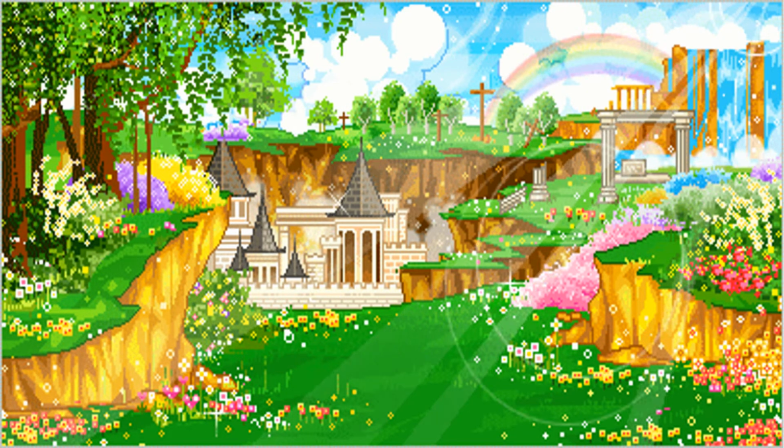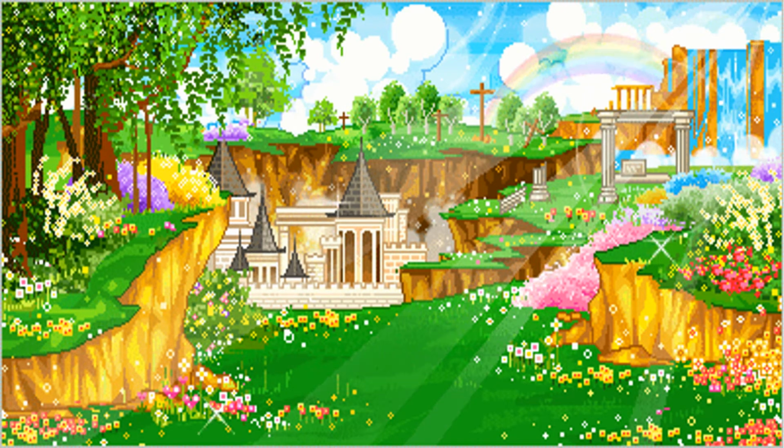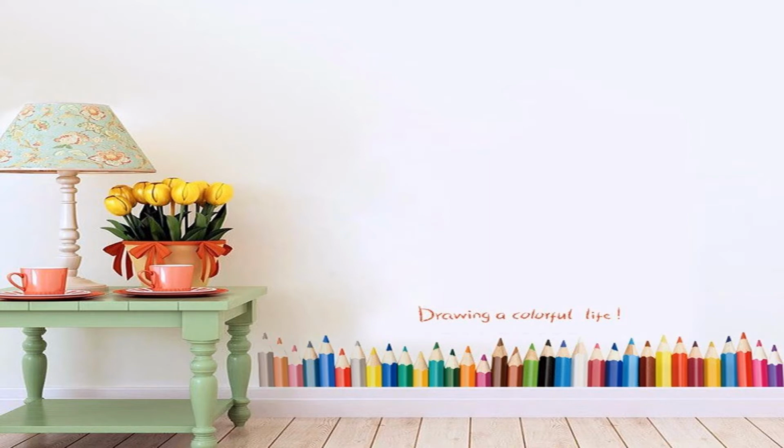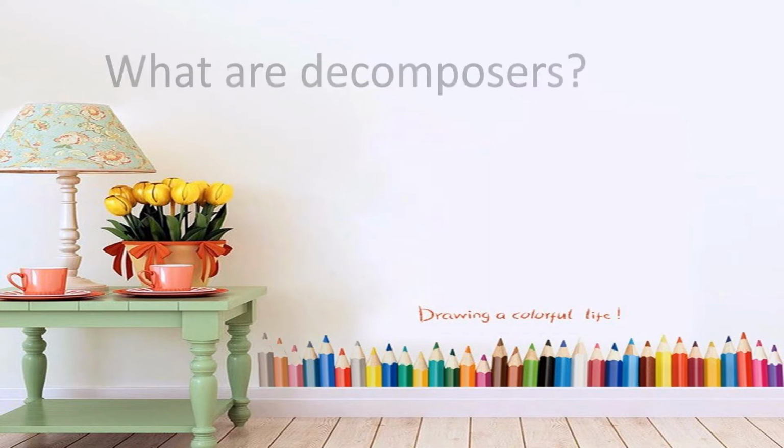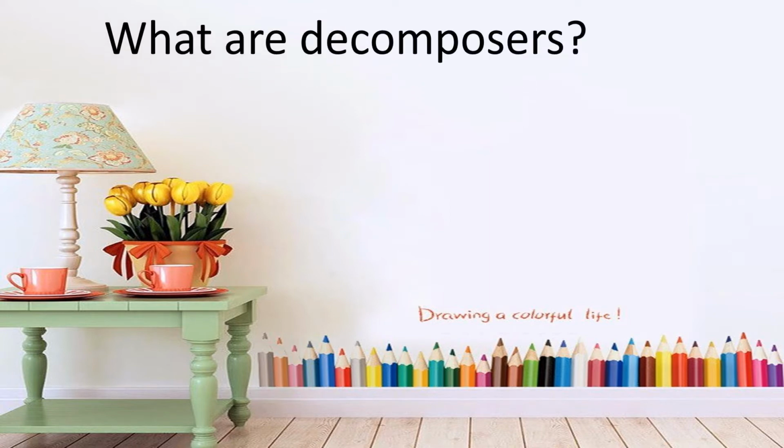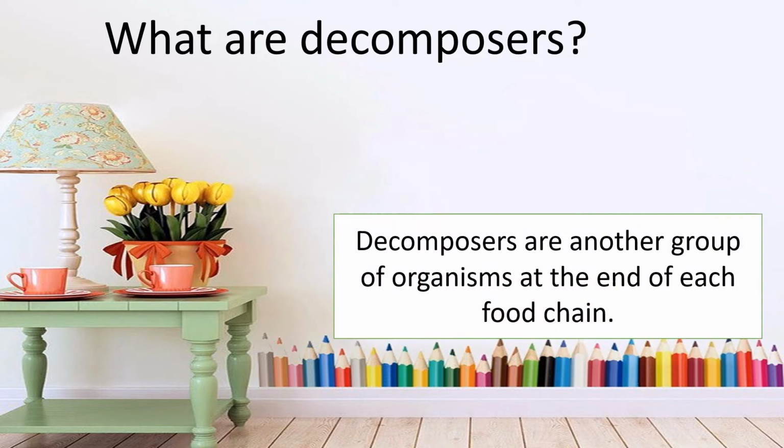Okay, before we start, I would like to show first the vocabulary for this morning. So let's start now. What are decomposers? When we say decomposers, these are another group of organisms at the end of each food chain. Okay, so let's review our previous topic, which is about food chain.